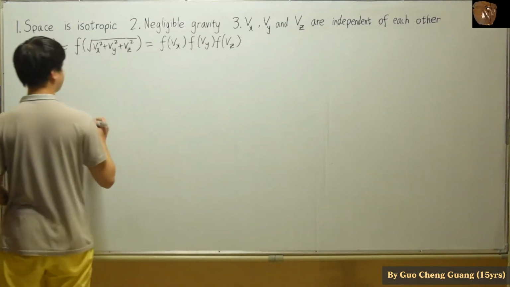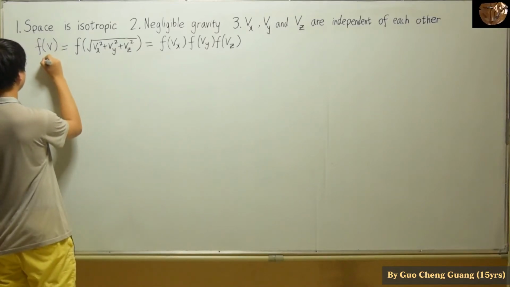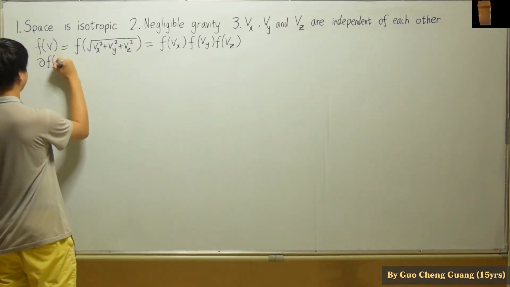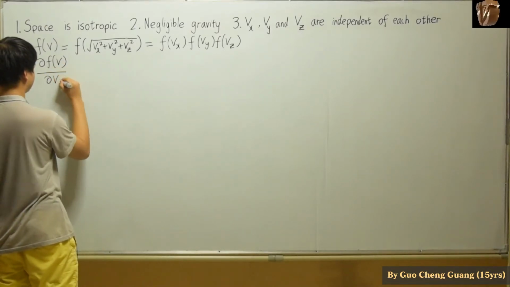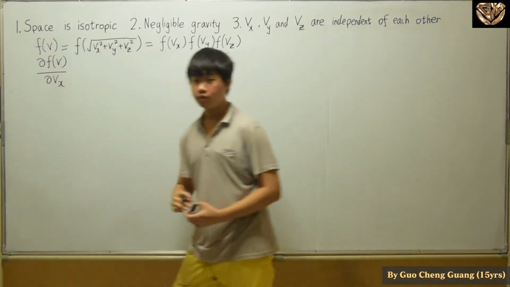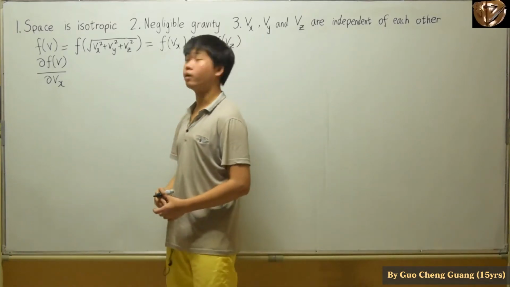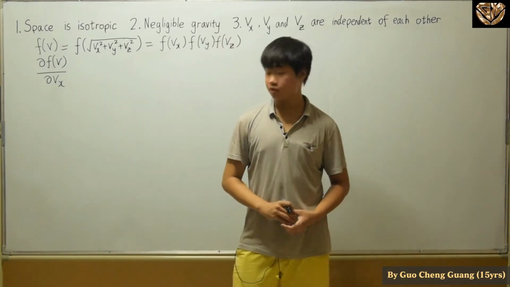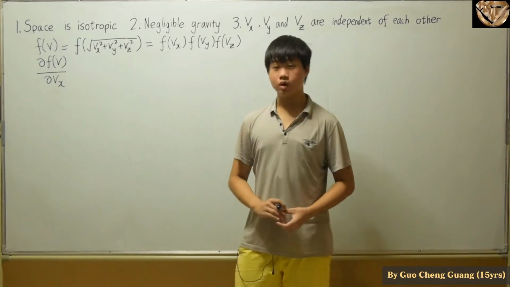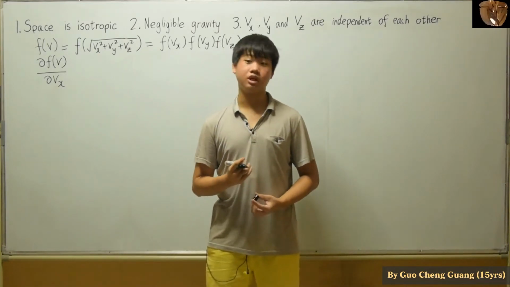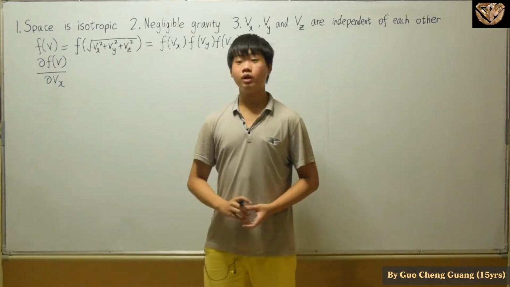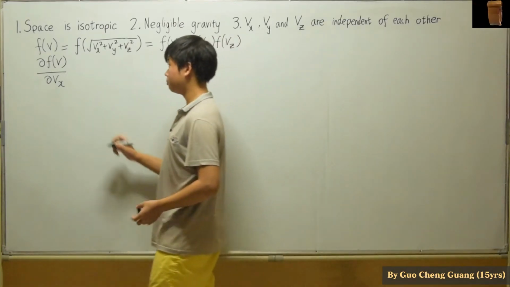First of all, we could take a look at partial f(v), partial vx. Now, there are two ways to go about solving this kind of thing. The first one you can use is something called total differentiation, if you can recall what that is. Now what does total differentiation do?